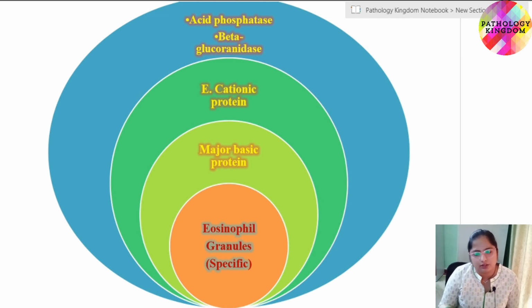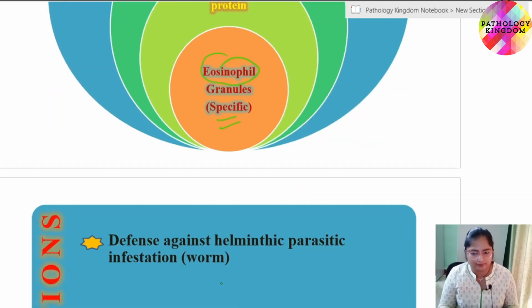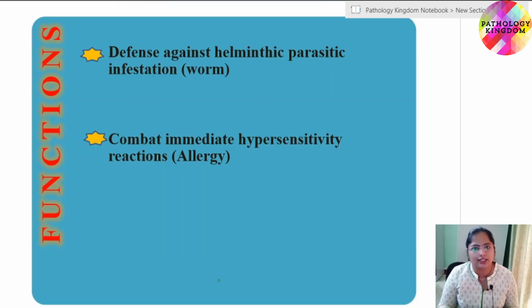Now, the specific granules contain enzymes, for example, major basic protein, eosinophil cationic protein, acid phosphatase, and beta glucuronidase. These are the enzymes present in specific granules of eosinophil. Now, what are the functions?